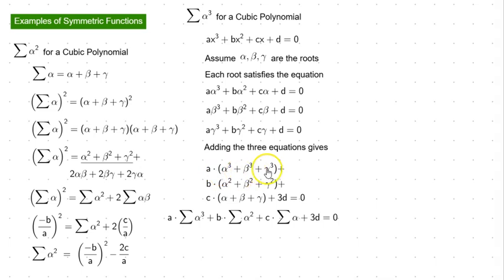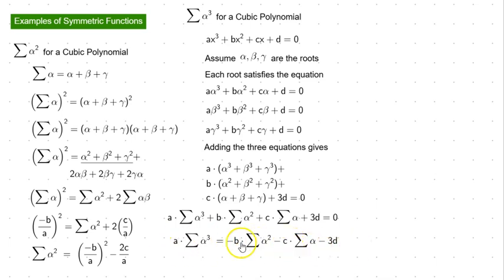Now this can be written as a times sigma alpha cube plus b times sigma alpha square plus c times sigma alpha plus 3d equal to 0. Now we know sigma alpha square, we just now derived it. A times sigma alpha cube is equal to minus b times sigma alpha square minus c times sigma alpha minus 3d.